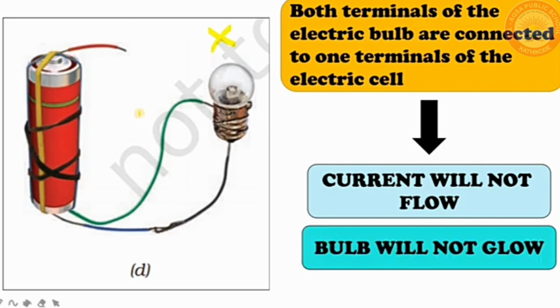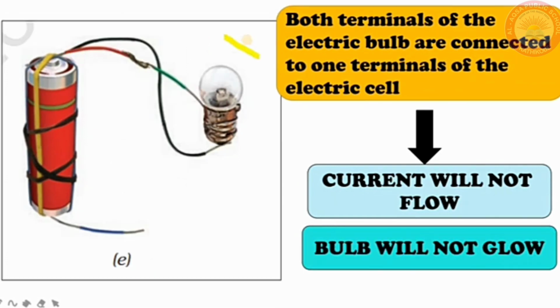So here also current will not flow, so the bulb will not glow. Diagram E. Here we can see both terminals of the electric bulb are connected to one terminal of the electric cell. So what will happen? Current will not flow, so the bulb will not glow.